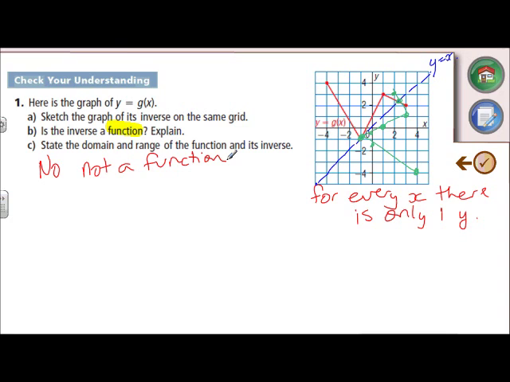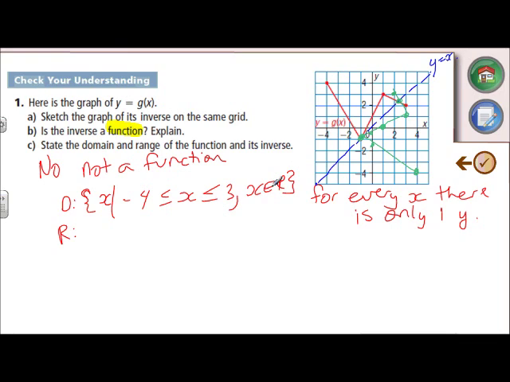State the domain and the range of the function and its inverse. So let's look at the original. I'll use red for the original because they drew it in red. So domain and range. Our x's start at -4 and finish at 3, all the way to 3, and that's in the real number set.